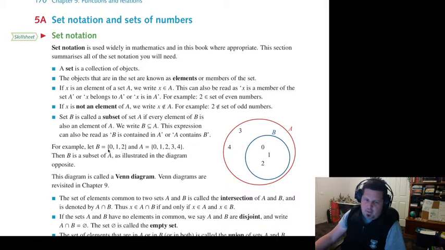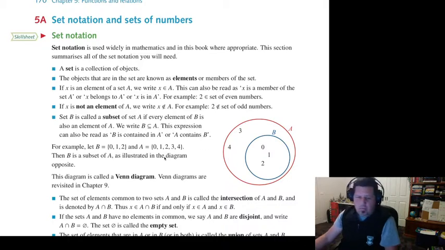So the elements of set B are 0, 1 and 2, and the elements of set A are 0, 1, 2, 3, 4. You'll notice set B is a subset of set A because every one of these is in set A. So 0, 1 and 2 are in here, so it is a subset of set A.